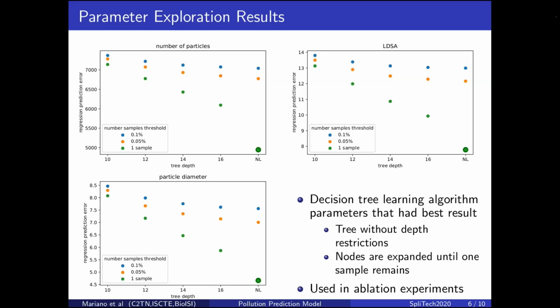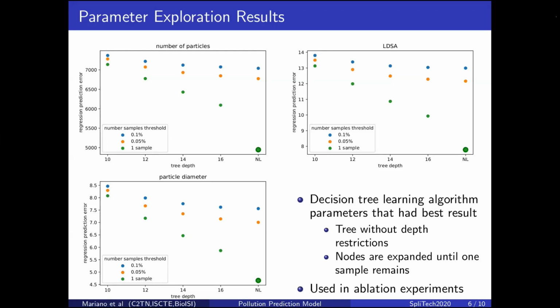The learning parameters that produce the best decision trees were the ones where there were no restrictions on the depth of the tree, and where the algorithm kept expanding, creating nodes until just one single sample remained. As such, these were the models that were used on the ablation experiments.